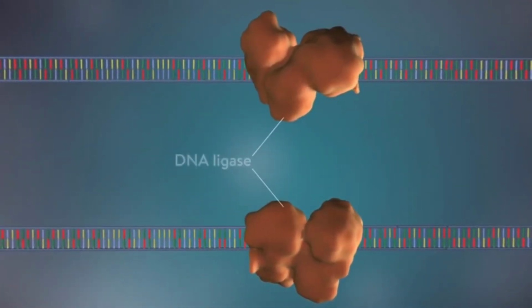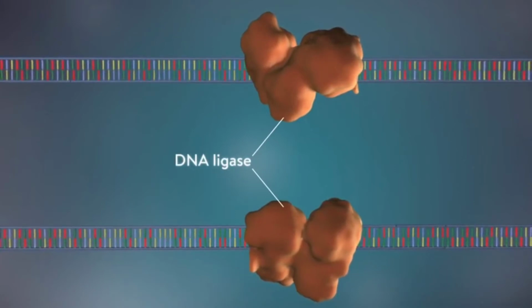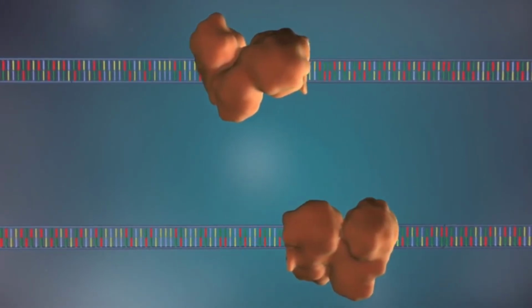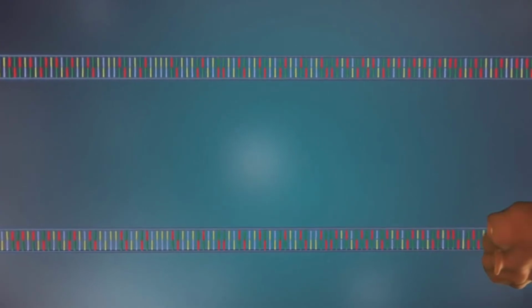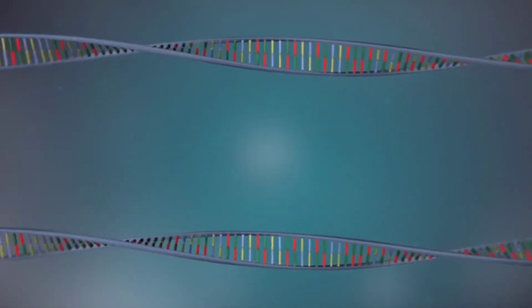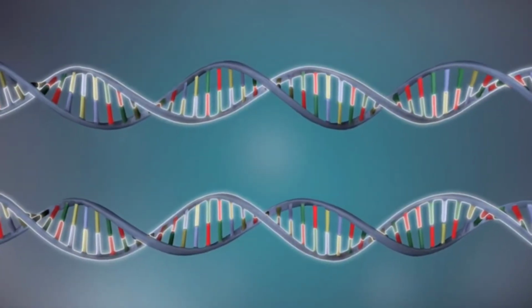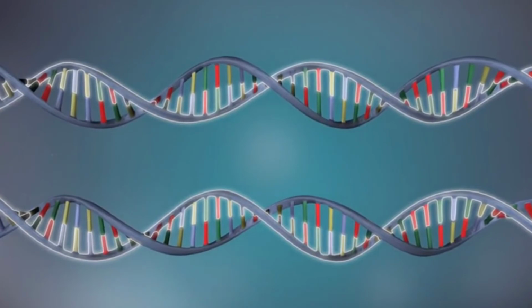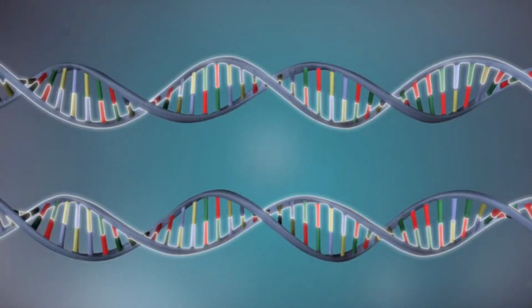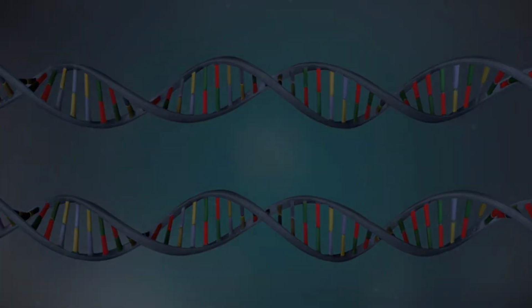This way, two fragments of DNA are formed and the Okazaki fragments are joined together with the help of DNA ligase, so that we have two DNA molecules, each with one old and one new strand.